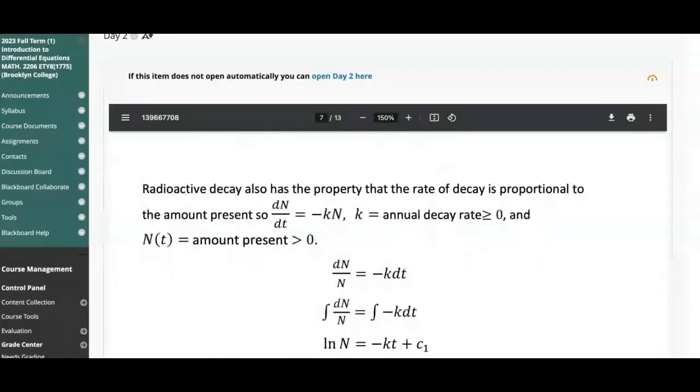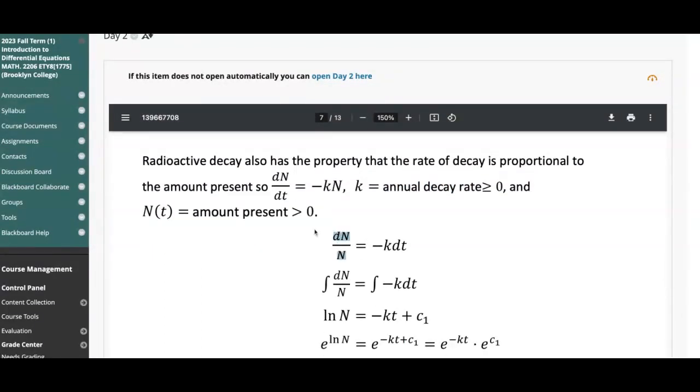Okay, another application is radioactive decay. We have dN over dt equals negative KN. N represents the amount of the element, and K is the annual decay rate.